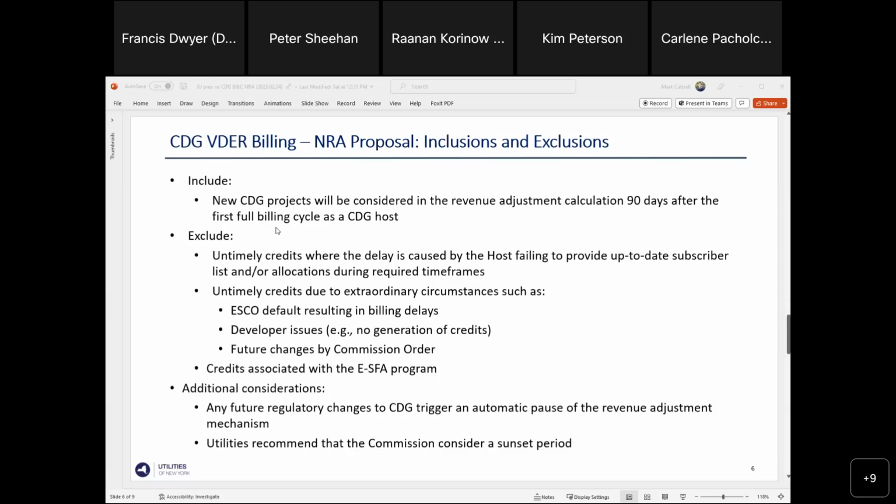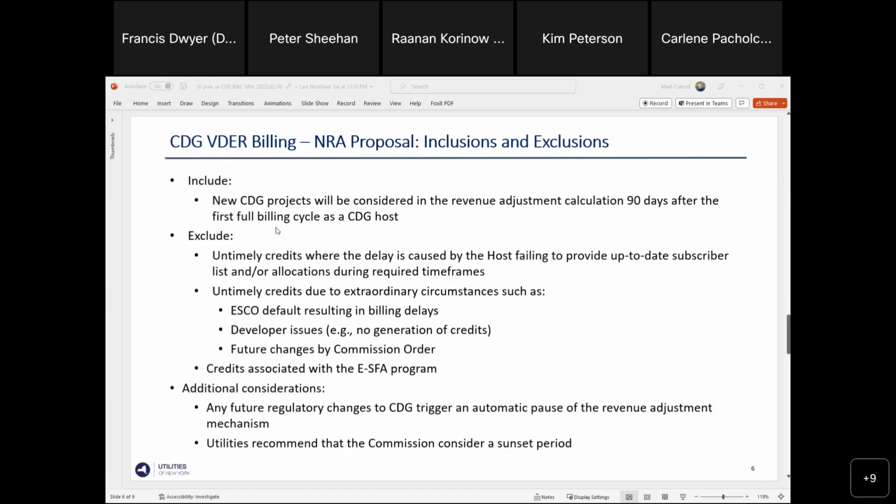What I mean is, would you consider putting some kind of tracking mechanism, some kind of field in NIGATS, to indicate which CDG projects are in play for the new metrics? This would be a NYSERDA question as well.